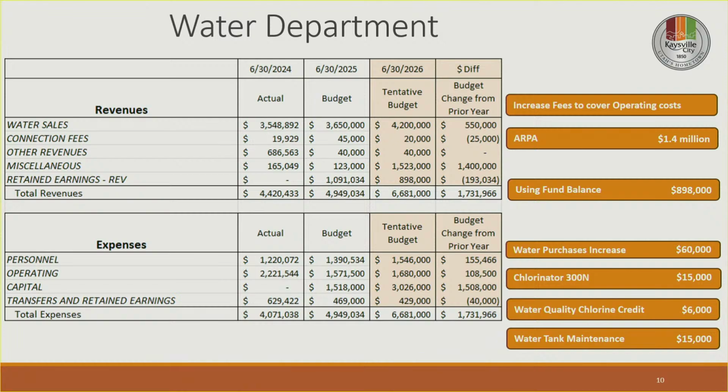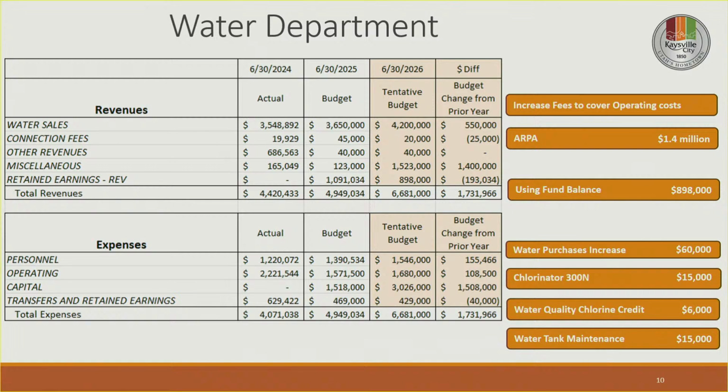This revenue shows the increase of fees at the 15%, and then we're still dipping into fund balance, $898,000. Just to clarify, Maureen, as we dip into fund balance, that's where we see our cash position continue to drop.